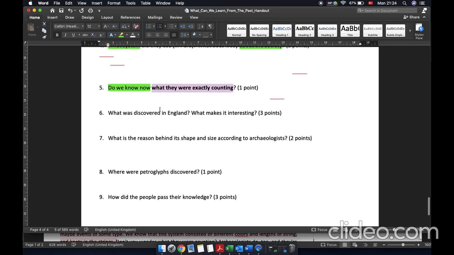And what was discovered in England? Okay, so we know the place, but you need to write down the discovery that was made in England and what makes it interesting. Why was it, or why is it interesting?